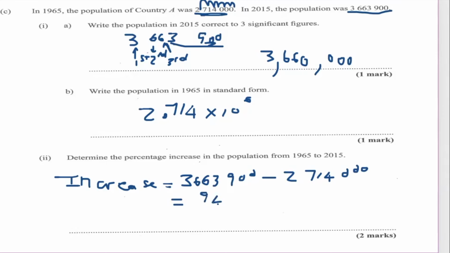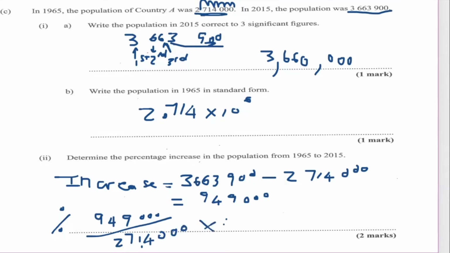So the difference for this is 949,900, and because they want the percentage, I will have 949,900 over the original population, which is 2,714,000, times it by 100, and that will give me the percentage increase. So my percentage increase will work out to be 35%, and that's it.